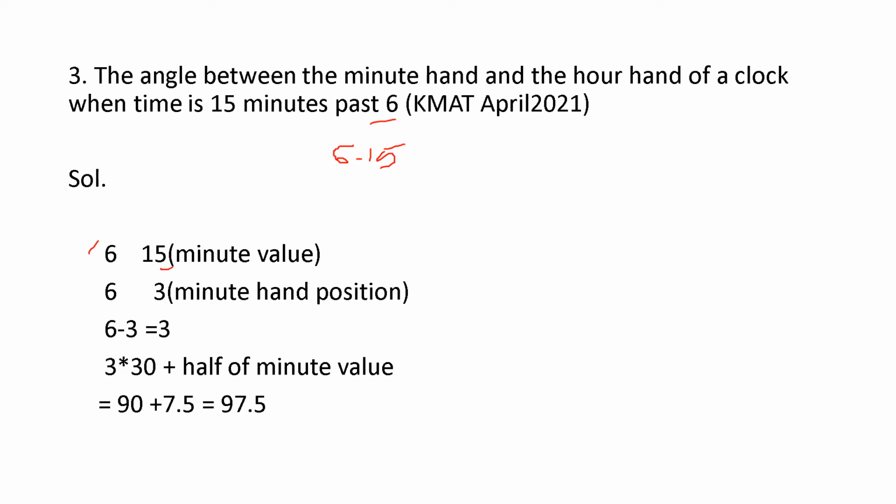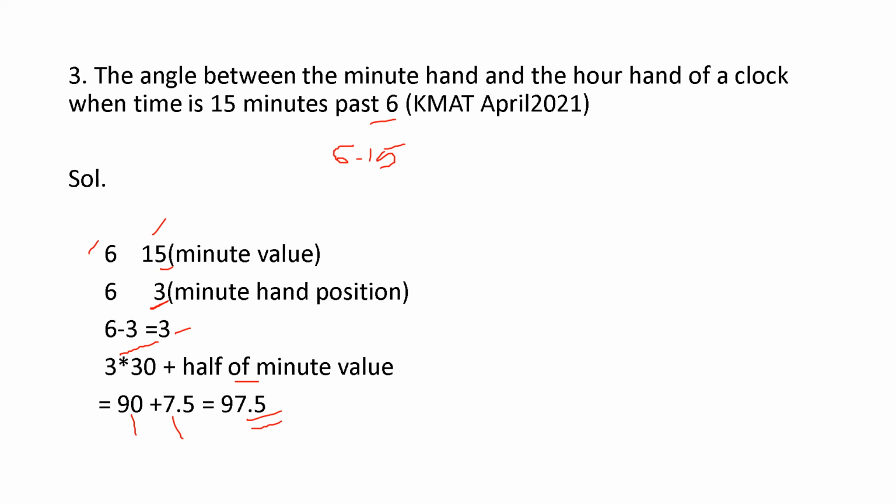So minute hand 15 means the minute hand will be at the position of 3. 6 minus 3 is 3. 3 into 30 plus half of the minute value. The minute value here is 15, so half is 7.5. 3 into 30 is 90 and the answer is 97.5.